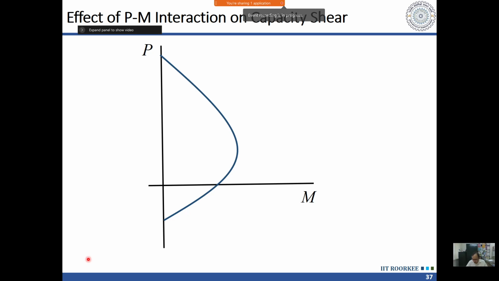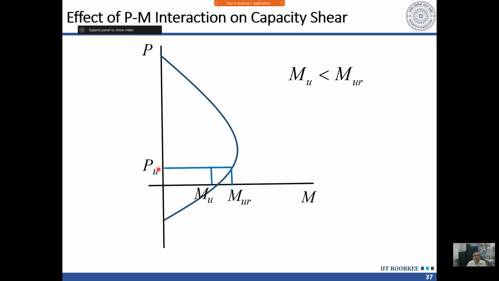Now when I am designing this column, let us say this is the axial force, and this is the applied moment Mu, and this is the resistance. Usually we keep the axial force much lower than the balance force. The reason is that beyond this balance force, if my axial force is more than this, then the failure is going to be brittle.